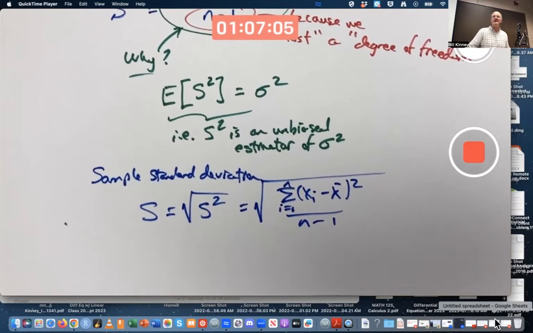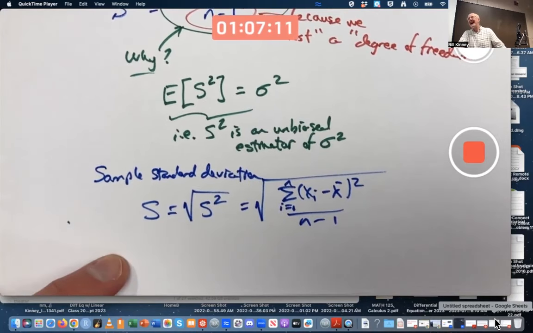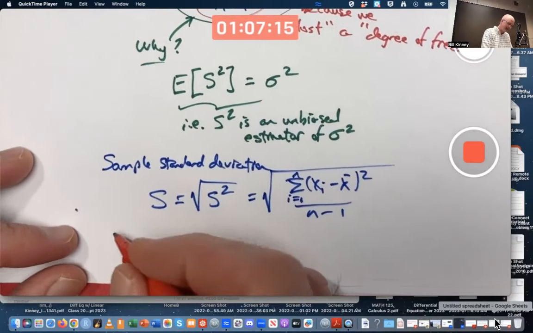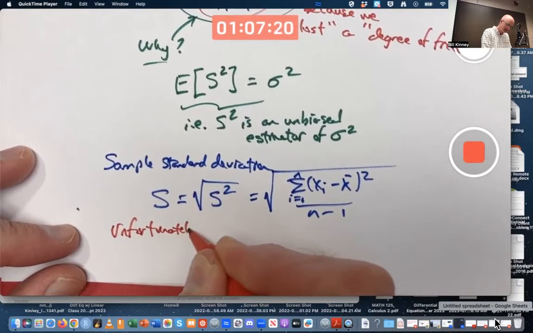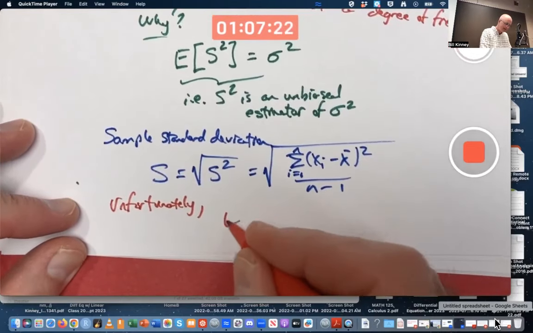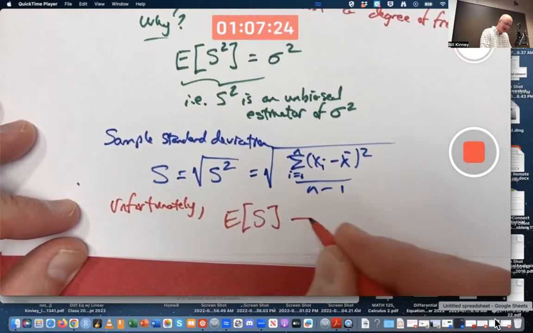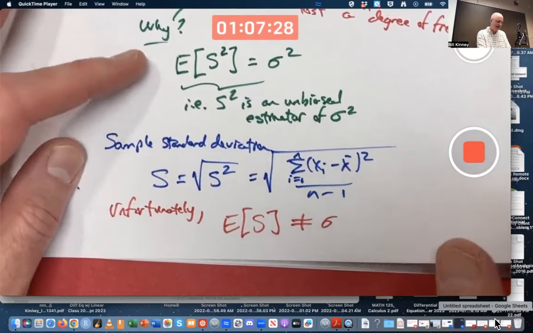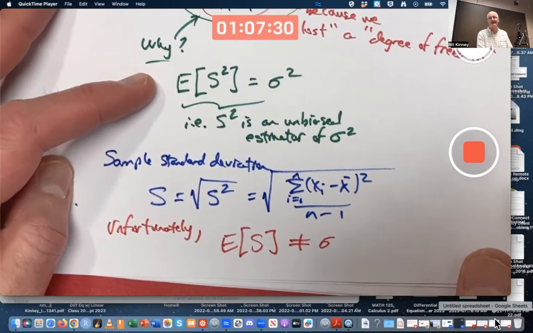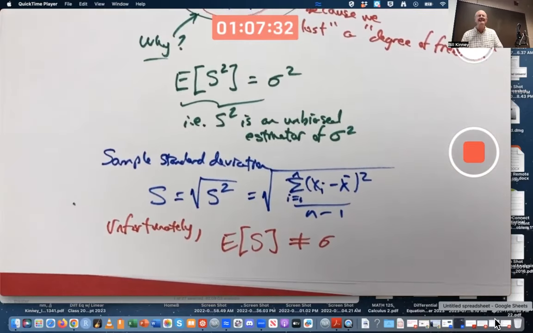Unfortunately, even though S squared is an unbiased estimator for sigma squared, S itself is not an unbiased estimator for sigma. Unfortunately, the expected value of S is not equal to sigma, even though the expected value of S squared does equal sigma squared. What?